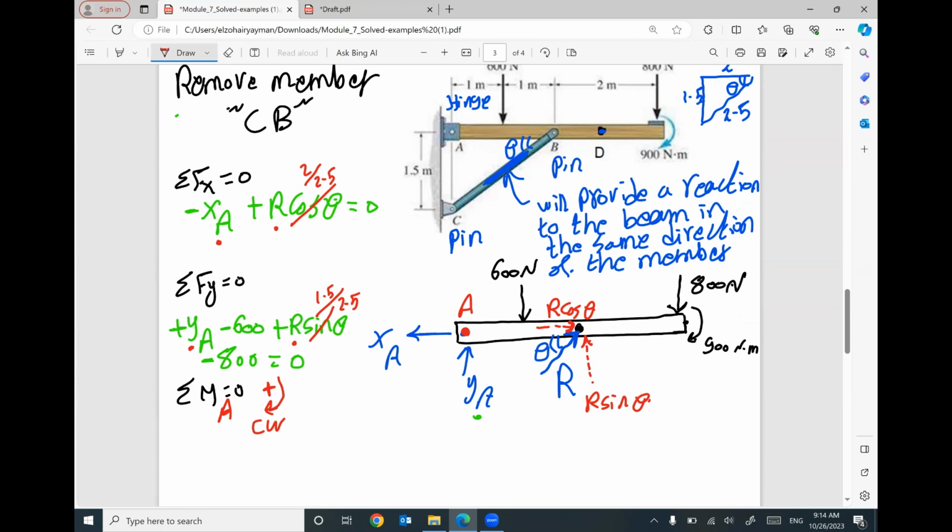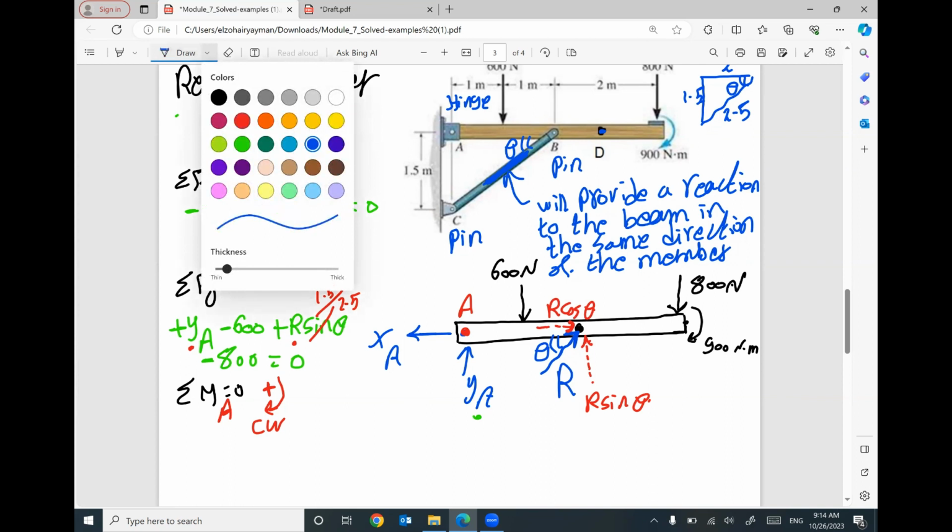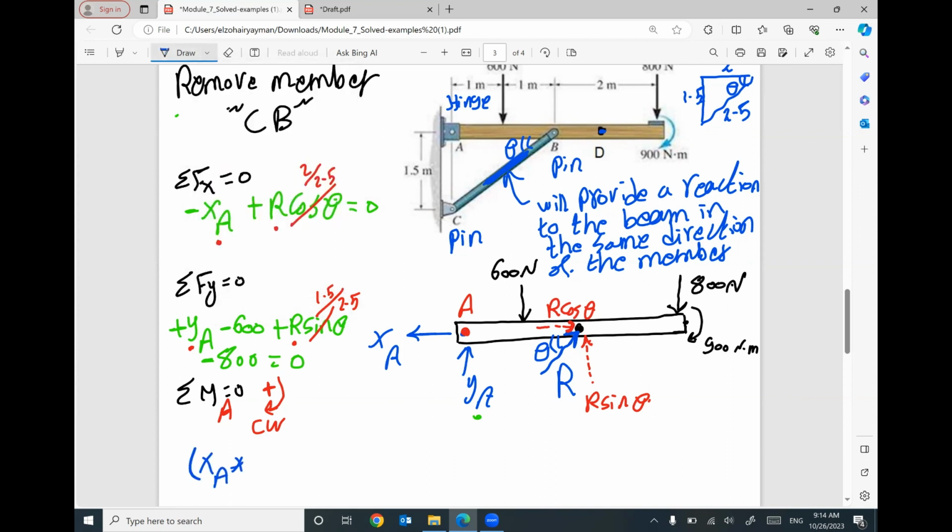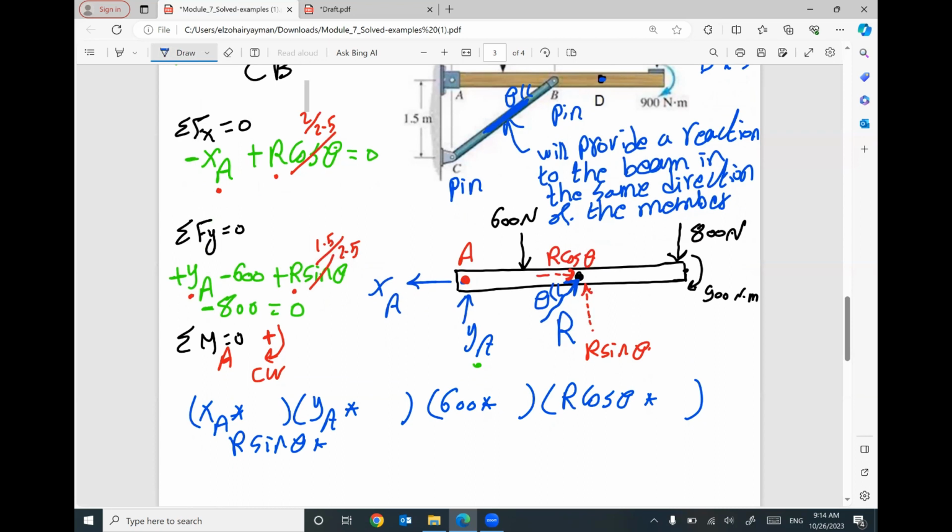Then I need to multiply XA times distance, YA times distance, 600 times distance, R cosine theta times distance, R sine theta times distance, 800 times distance, and 900 does not need distance, equal 0.